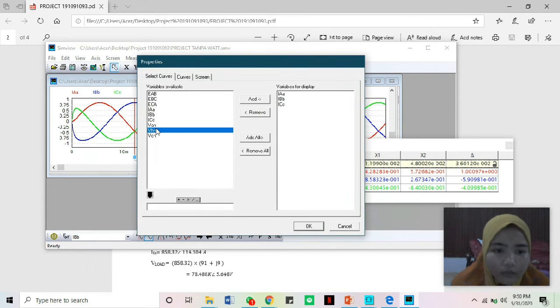The next one is phase voltage: VAN, VBN and VCN. So we add this one, remove, add.